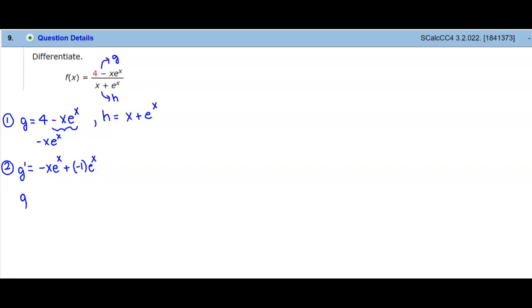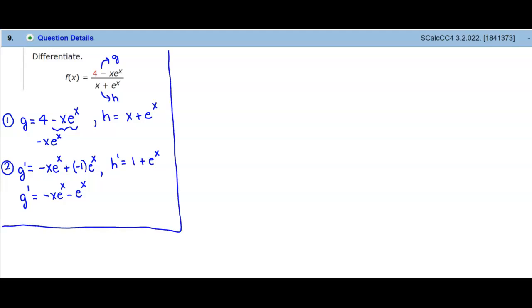So therefore, g prime is equal to negative x e to the x minus e to the x. Okay, and then we're going to find the derivative of h, which is 1 plus e to the x.